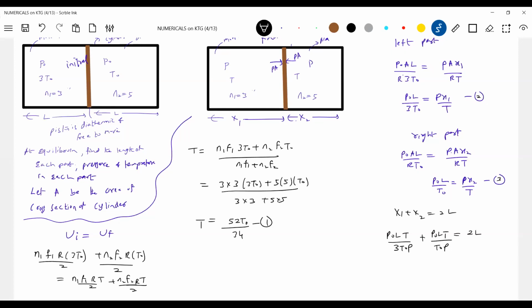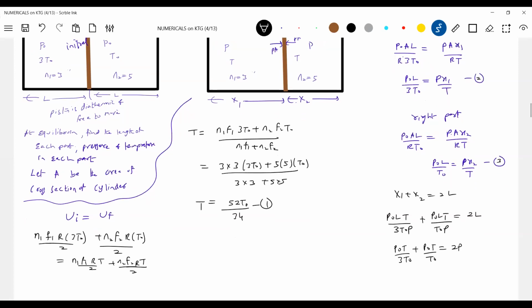So we know the value of T, substituting that we'll get the expression for pressure. T by T naught value will be substituted here. So L gets eliminated. So the expression will be P naught to P. So this should be equal to 4 P naught T by, or this should be only 2.